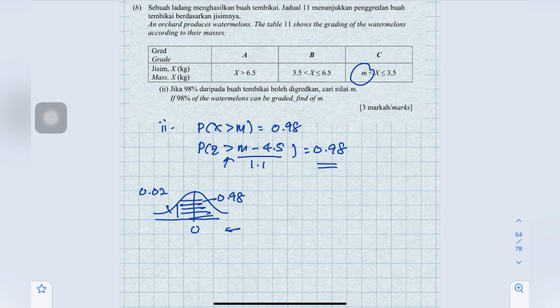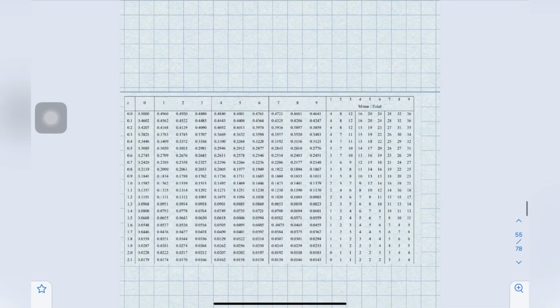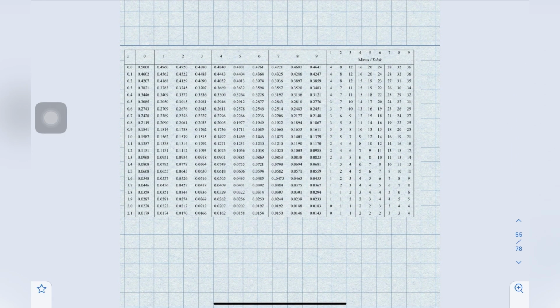Then we can find it: (M minus 4.5) over 1.1 equals negative, because it is on the left side of 0. How do we find it? We have to find the probability 0.02. Looking here, 0.02 is not there, so we look for the slightly larger one. So how do we read the table? Like this, we read here, here, here. So 2.054.